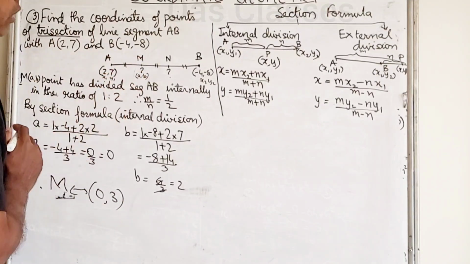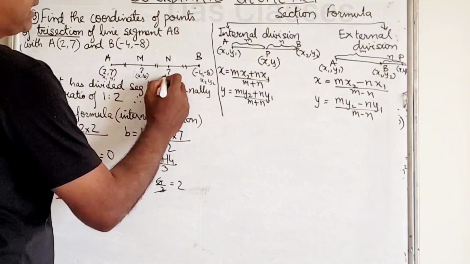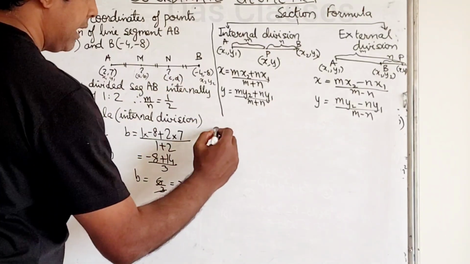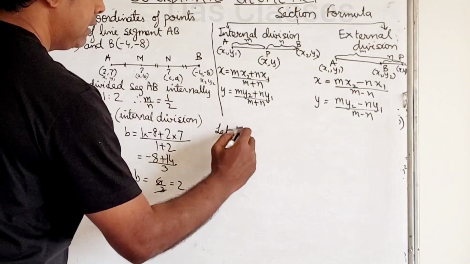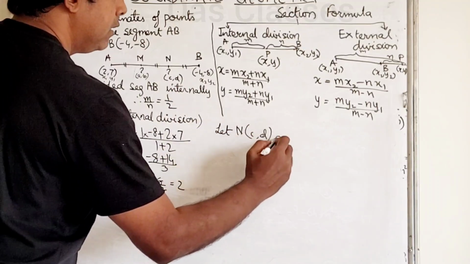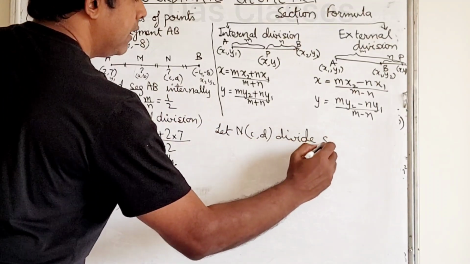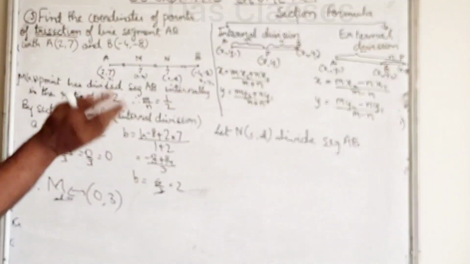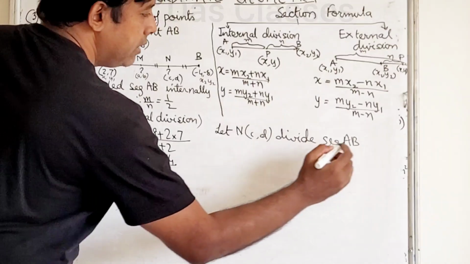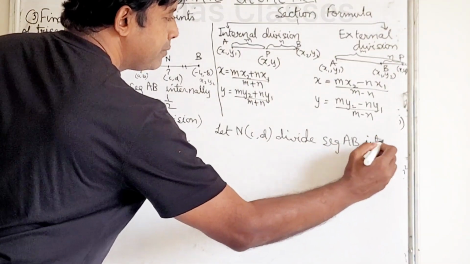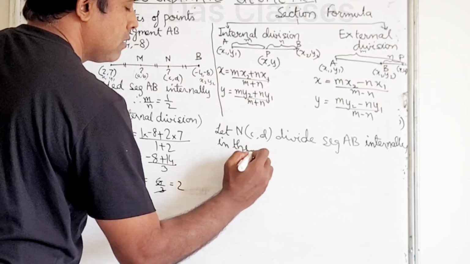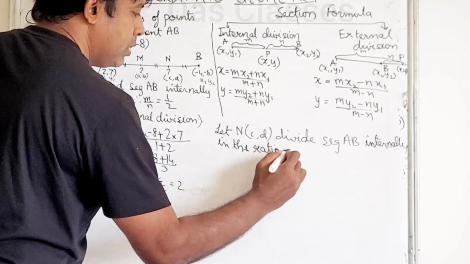Same way we need to find out the coordinate of N. Let us consider it as c, d. Again, we have to write the same thing. What we'll write is let N c, d divide segment AB. Again, you see that N is inside AB, so that means it's dividing the segment internally, in the ratio of, now this is a very important part.